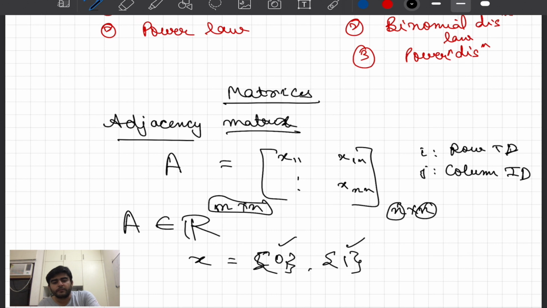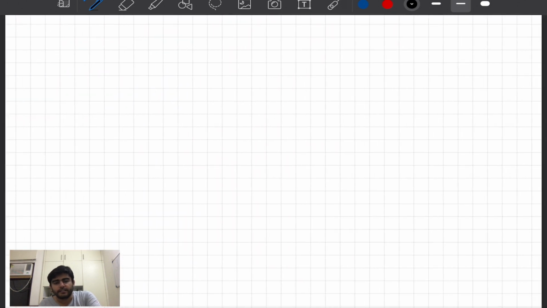Now, a quick thing that you should look into is how two matrices are added and how two matrices are multiplied, so that you are somewhat comfortable with matrix algebra. Also, while looking into some of the connectivity properties of networks, we will use something called basic row operations.